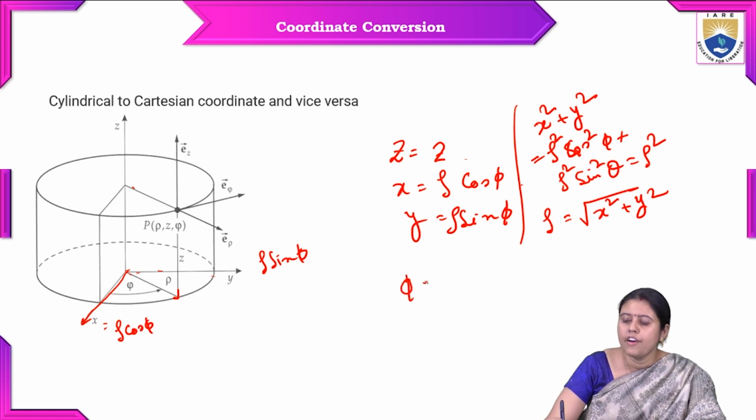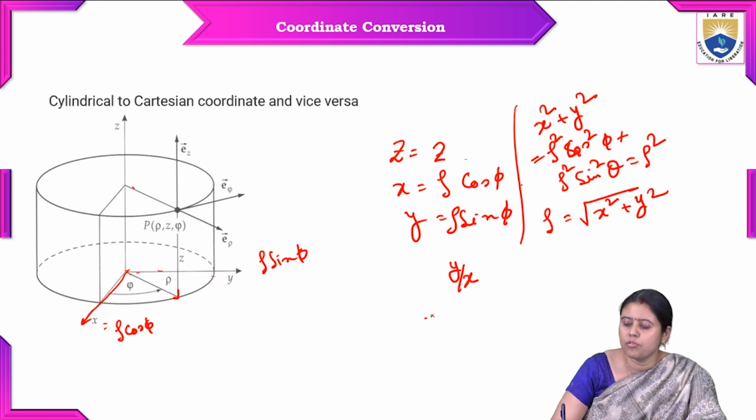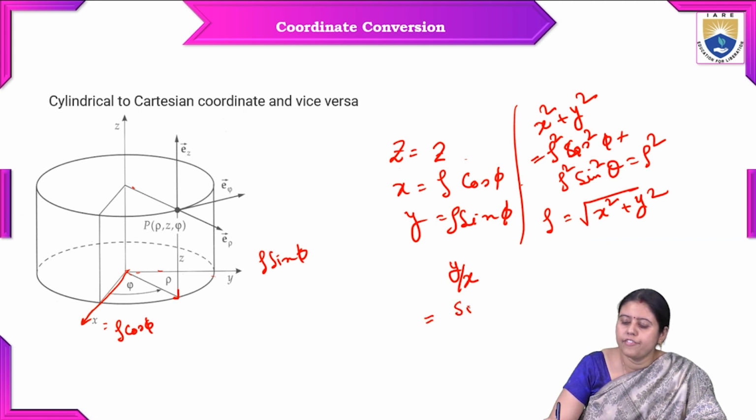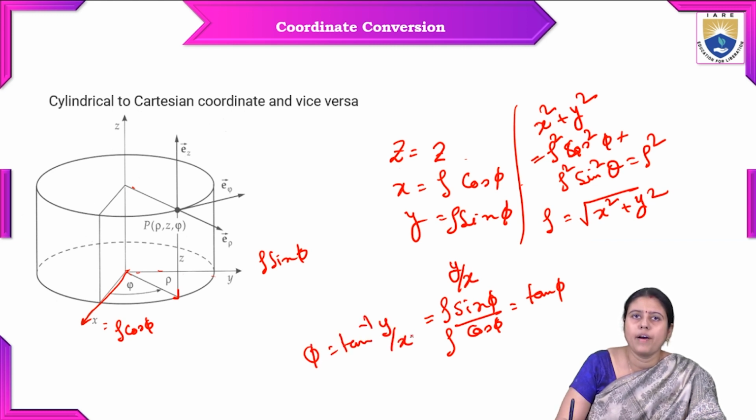And what is phi? If we divide y by x, we get rho sin phi by rho cos phi, which is tan phi. So phi is equal to tan inverse of y by x.